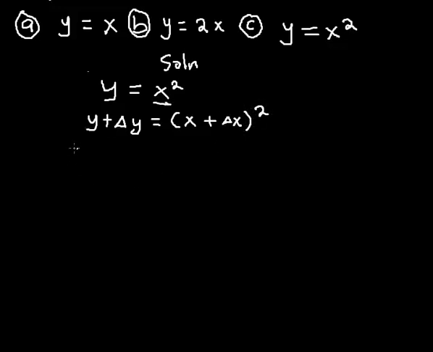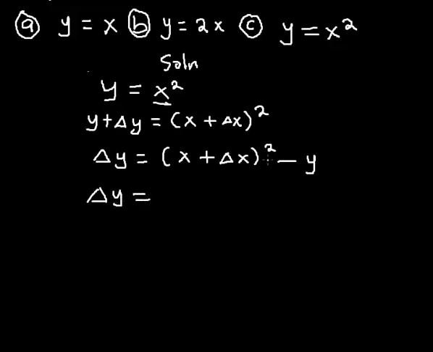All right, so of course you know what happens here. Delta y is going to be equal to bracket open x plus delta x all squared, then minus y, please pardon me, minus y. So of course you know very well that I will have to expand this square, x plus delta x.